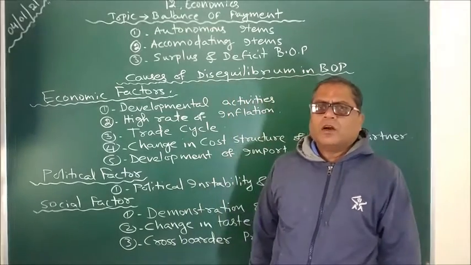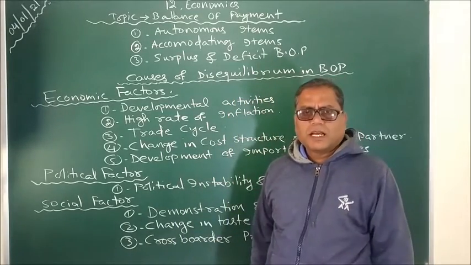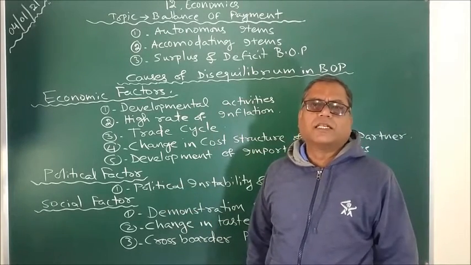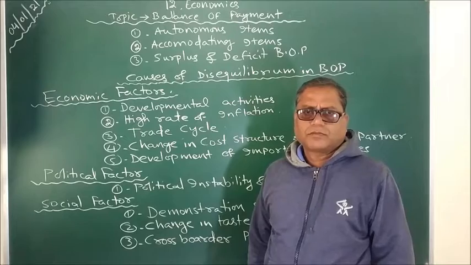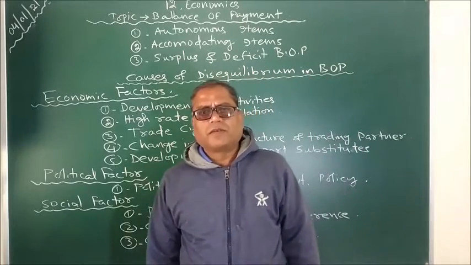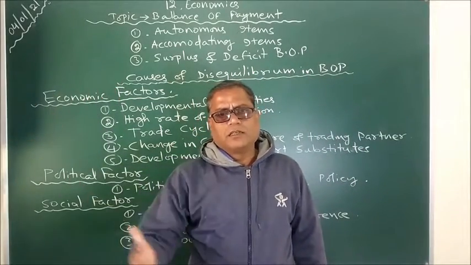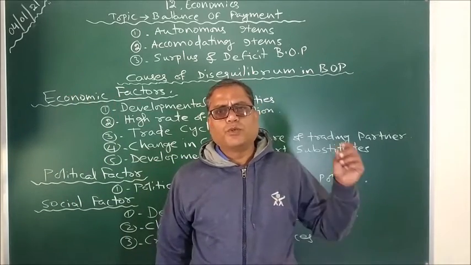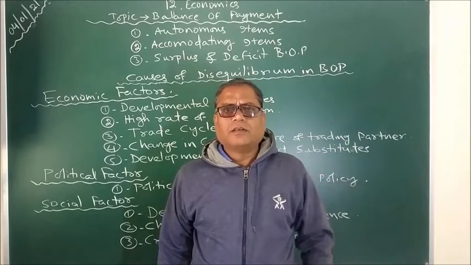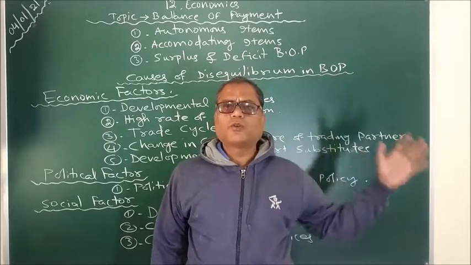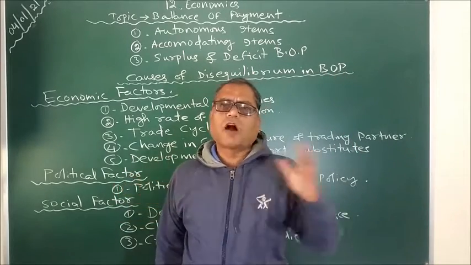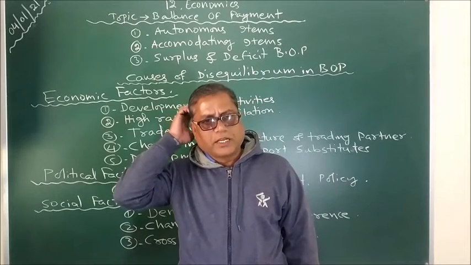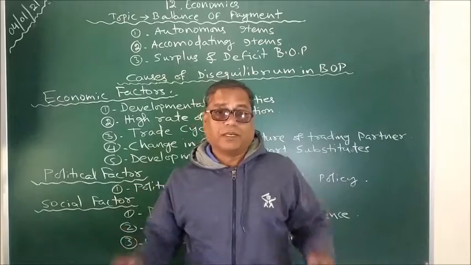So what happens usually is that sometimes we find differences in the debit and credit side. As you know, all the incoming foreign exchange, or inflow of foreign exchange, is put on the credit side, whereas all the outgoing foreign exchange, or outflow of foreign exchange, is recorded in the debit side of the balance of payment statement.